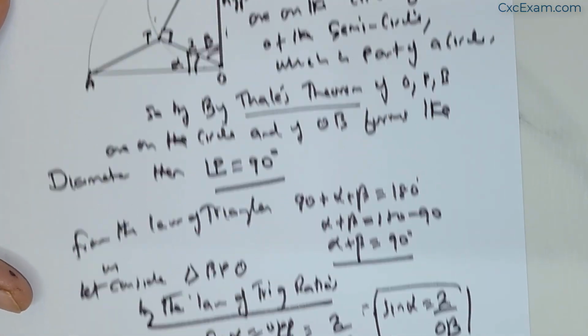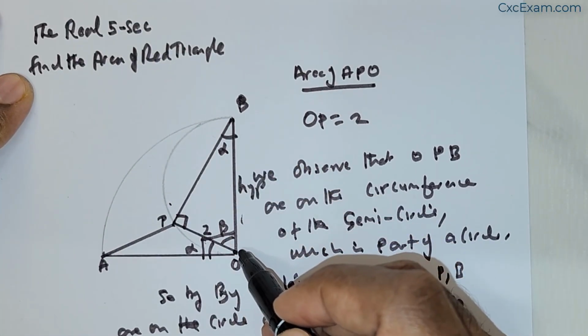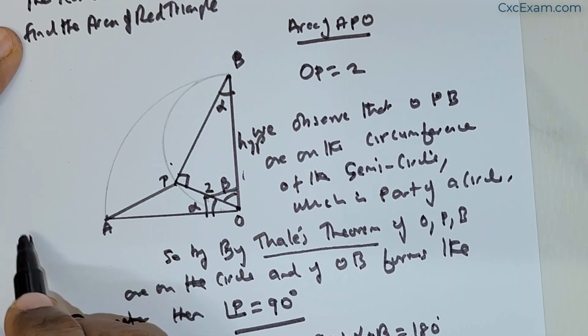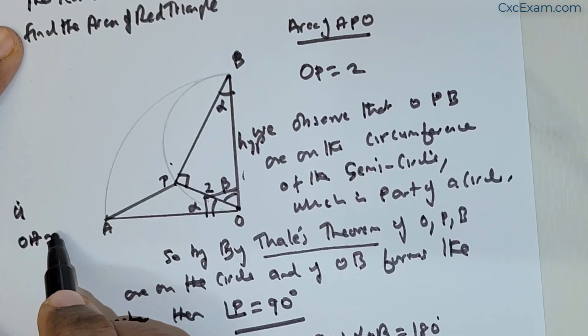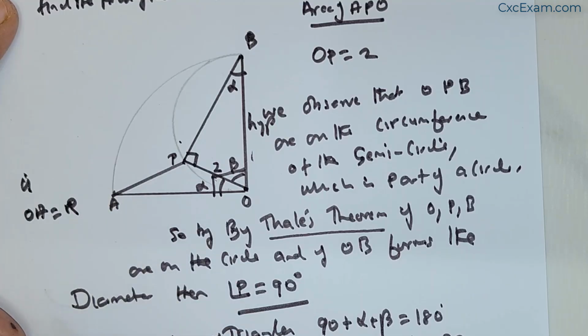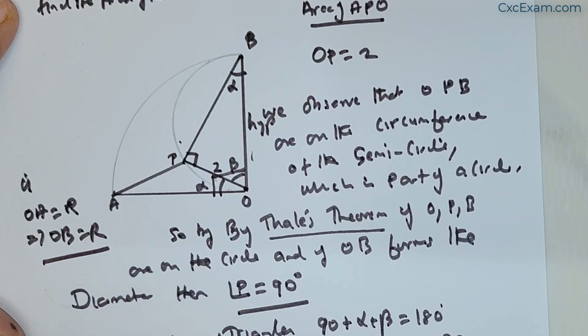Fair enough. Now go back to the figure. What is OB? OB is the radius of the quarter circle. And what is OA? OA is also a radius. If OA is equal to R, say capital R, this means OB will also be equal to capital R, right?